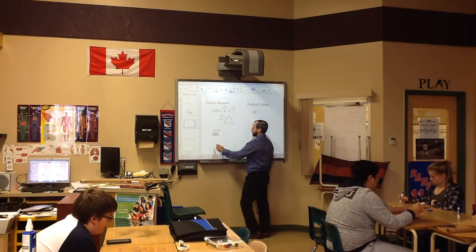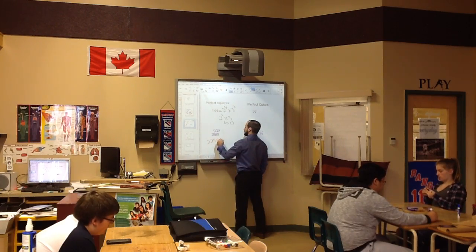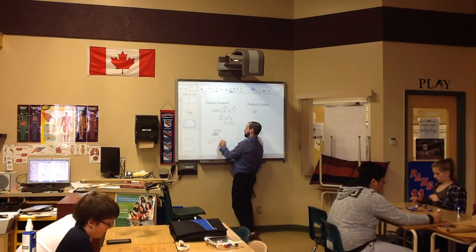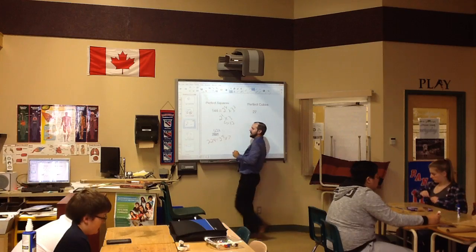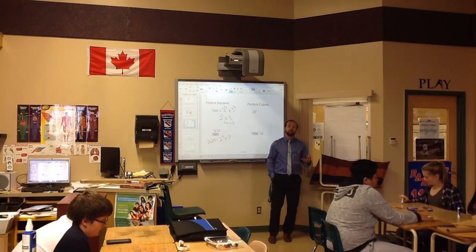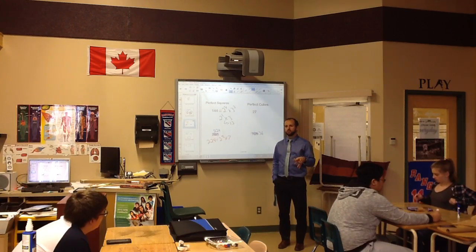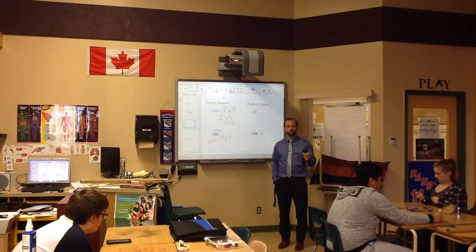What about 224? What are the prime numbers for 224? Anybody get that far? 2 to the power of 5 and 7. Can I group all of my prime numbers and leave none out? No. What's the issue? What number's the tricky one?